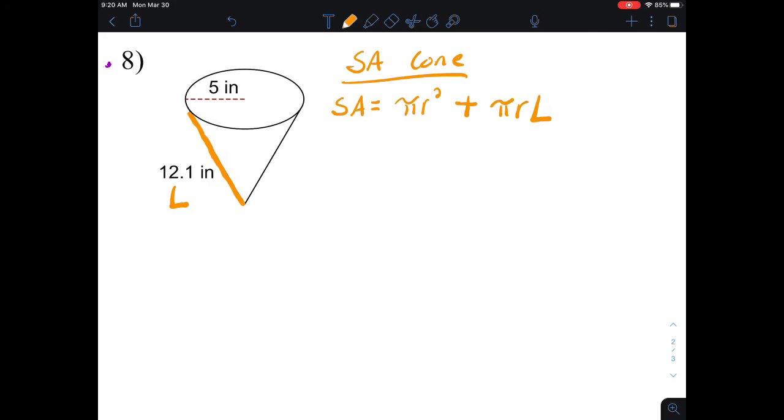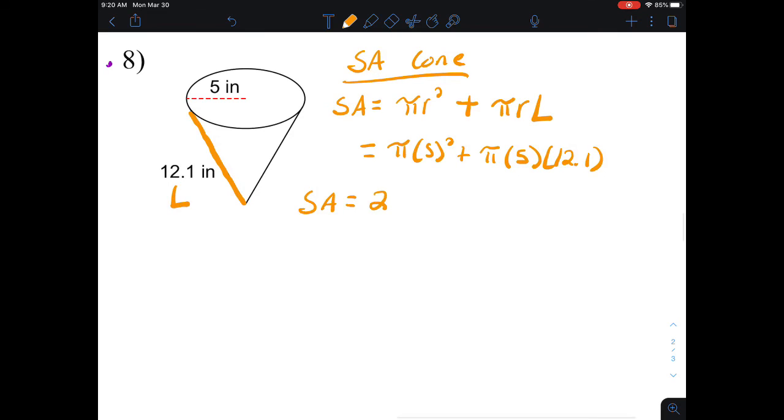So for this cone, the surface area would equal pi times 5 squared plus pi times 5 times 12.1, which gives us a surface area of 268.61 inches squared.